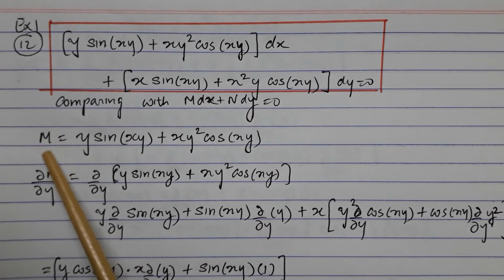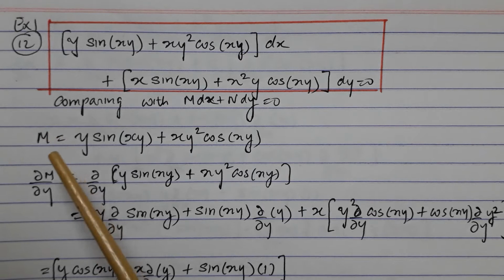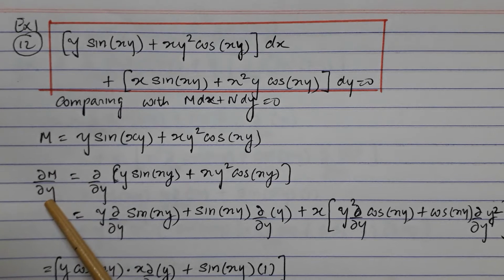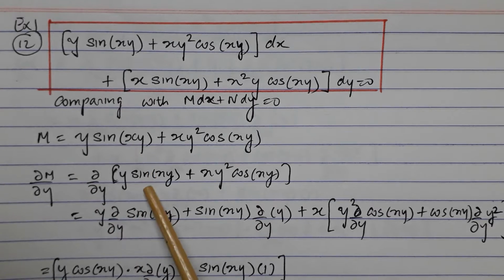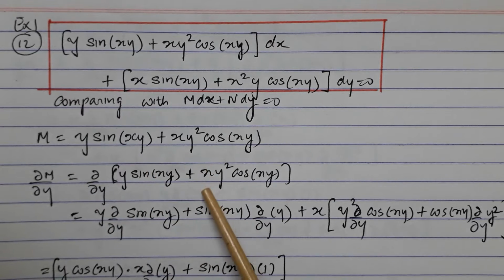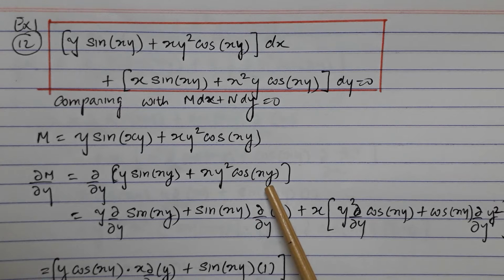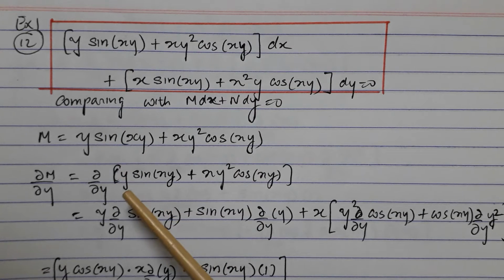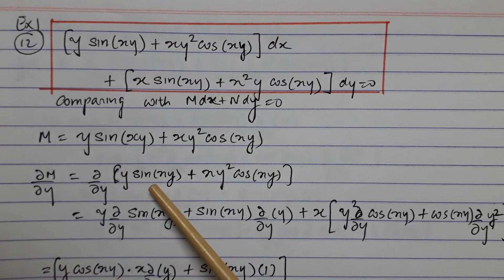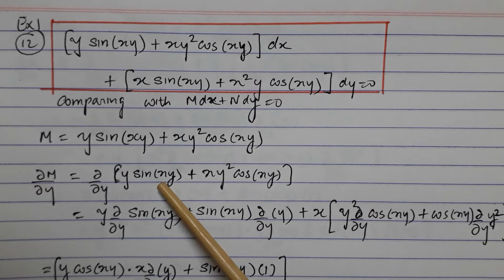So we will first take the partial derivative of M with respect to y, that is ∂M/∂y, and that is equal to ∂/∂y of (y sin xy + xy² cos xy). Now if you see this term, it's a product of an algebraic term y and a trigonometric term sin xy.